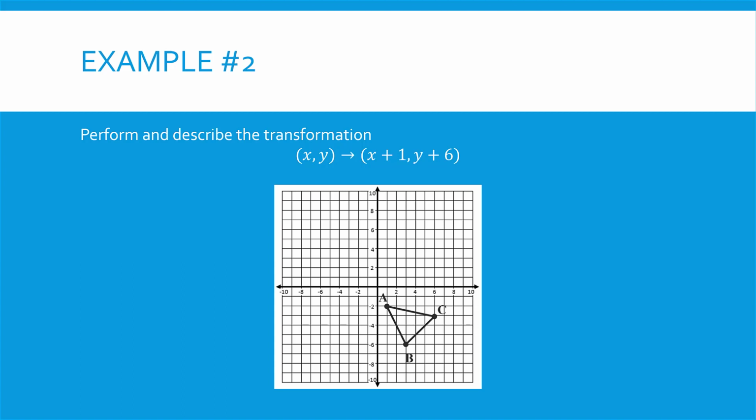We can do the same thing here, even if it's not a segment. This is a triangle, and we'll do the exact same thing. Perform and describe the transformation. There's a few ways you could do this. We're going to start off with what we did last time, listing out the points. A is 1, -2.